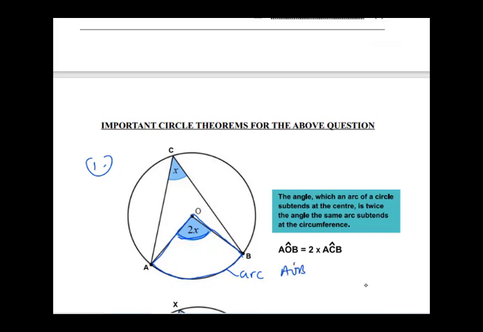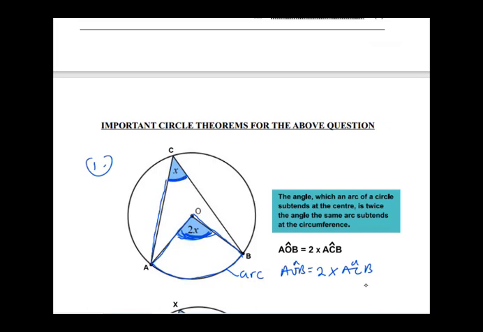is twice, meaning 2 times, the angle that same arc subtends at the circumference, which is ACB. So angle O here is twice angle C. That is what it is telling us.